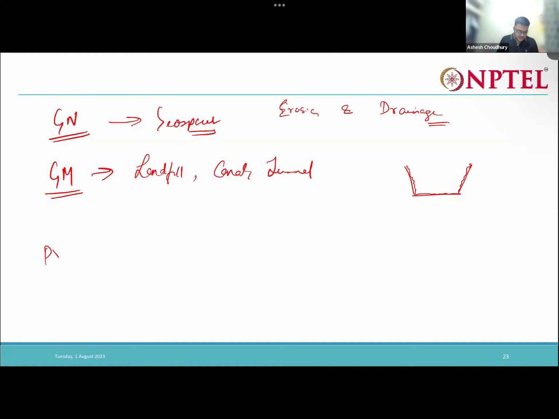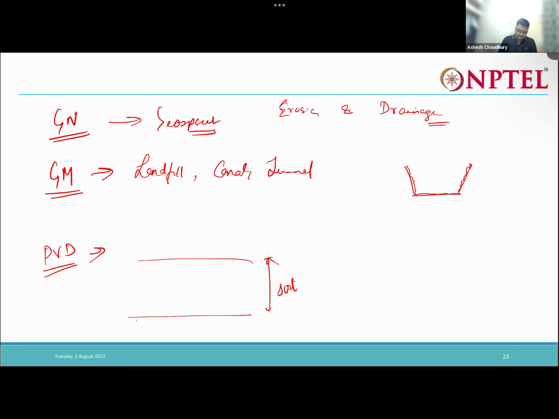Then comes PVDs. As we discussed, PVDs are used to accelerate the consolidation process. Say this is a layer of soil, and below this it can be a one-way drainage boundary.